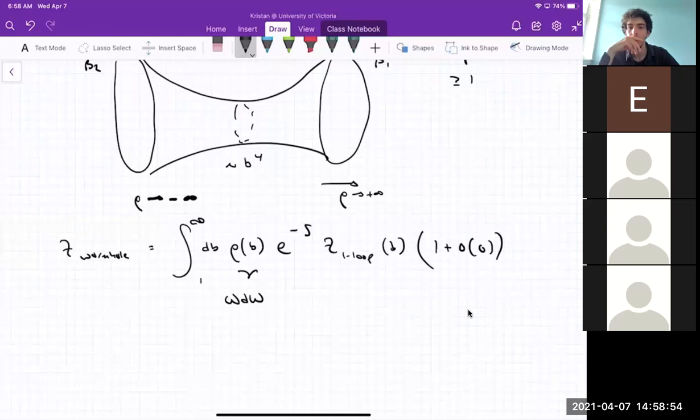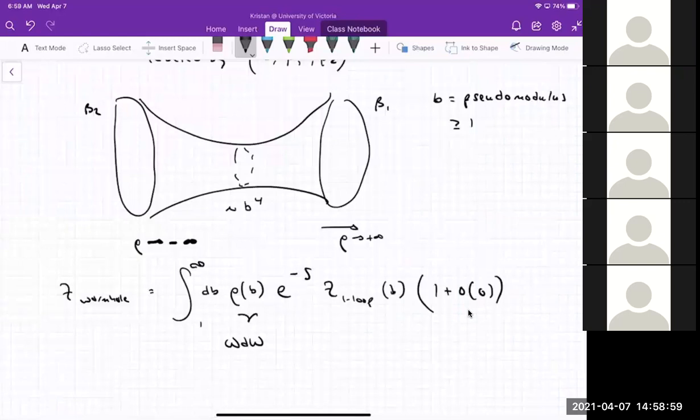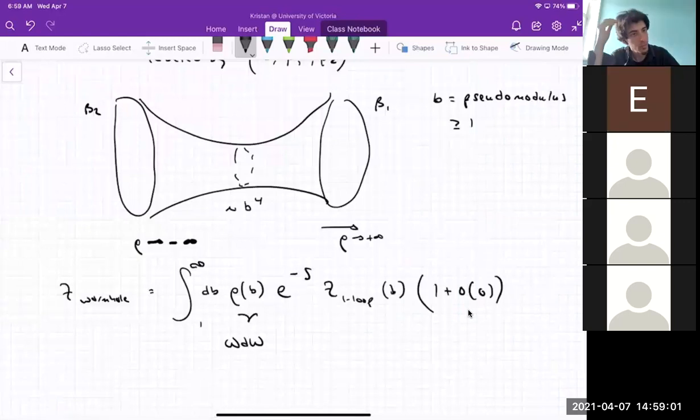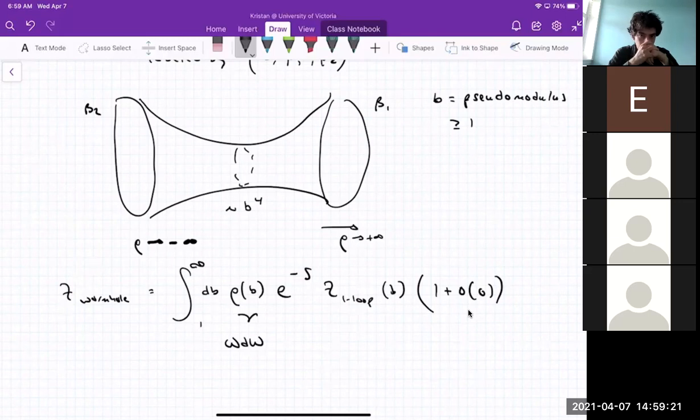Right. I'm missing something from before. How do you know what kind of boundary condition to put for the auxiliary fields, for example? How to treat the auxiliary fields? Good question. The boundary conditions that we want to impose for the auxiliary fields are that they provide a representation of the delta function in the path integral, in such a way that is consistent with the boundary conditions that we impose on the metric fluctuations.